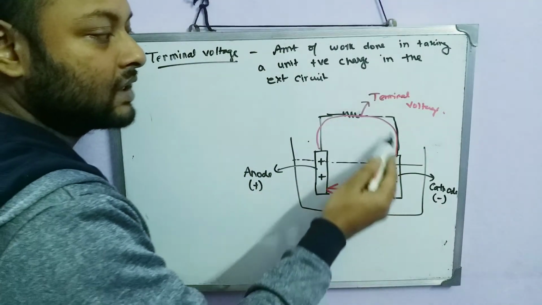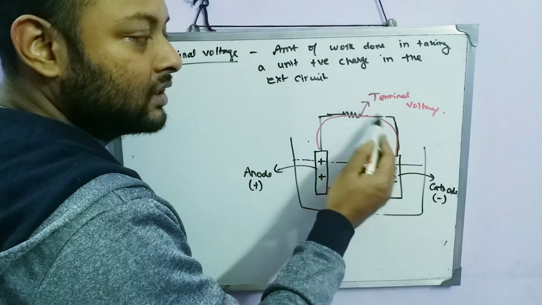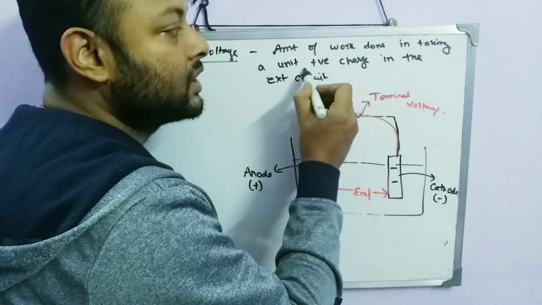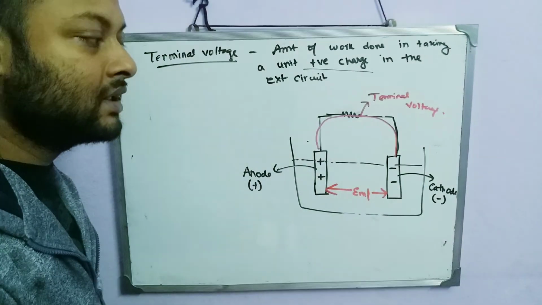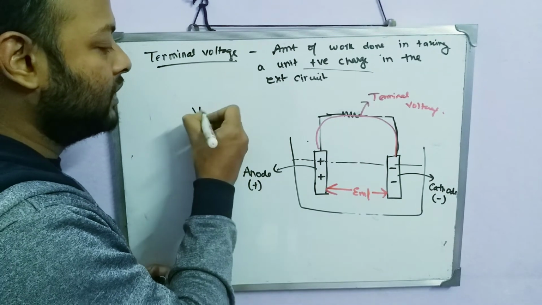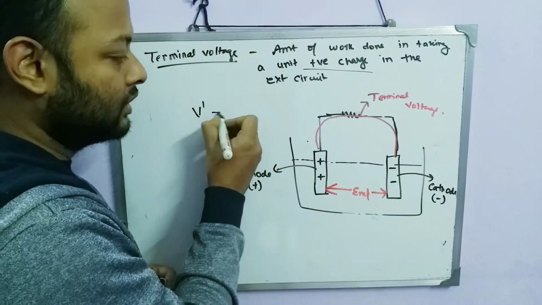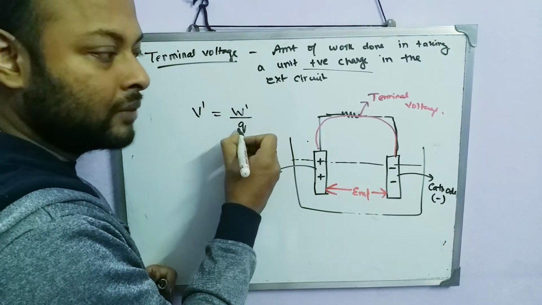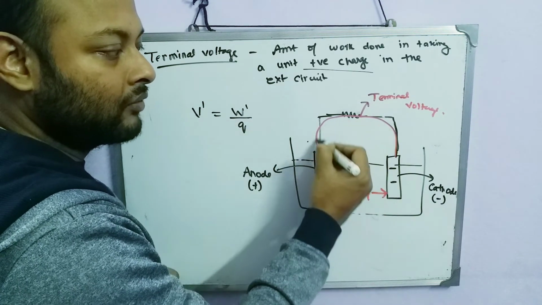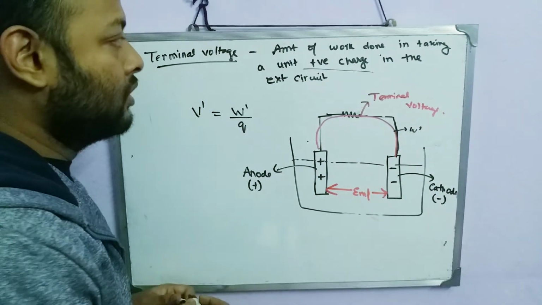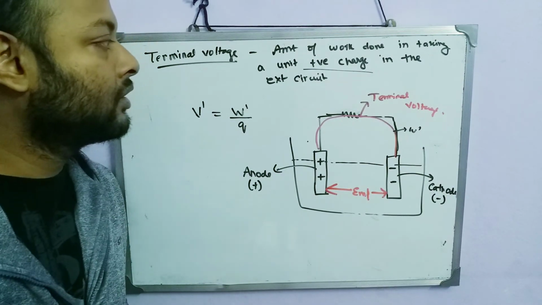So only in the external circuit, how much work I am doing in taking a unit positive charge, that is called the terminal voltage. So over here I can say V dash, the terminal voltage, is equal to the work done on the unit positive charge, so only the work done from here to here, that is W dash. So this is terminal voltage.